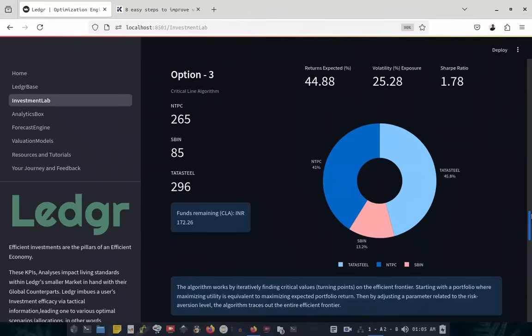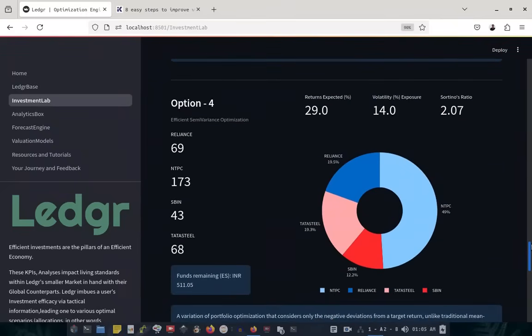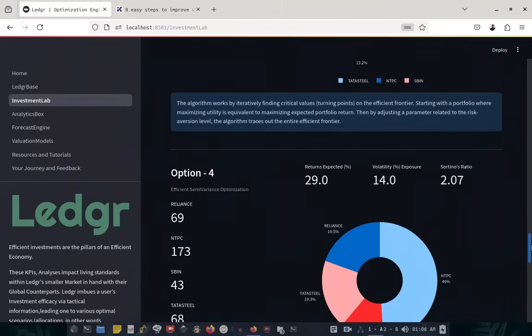And finally, we come to the last two very conservative algorithms, which take into account all the interrelationships between the securities, their price movements, the behavior, seasonality, everything. The first one is the conservative one, called the efficient semi-variance optimization. It says that you're going to actually get, in reality, around 29% returns against a 14% volatility exposure.